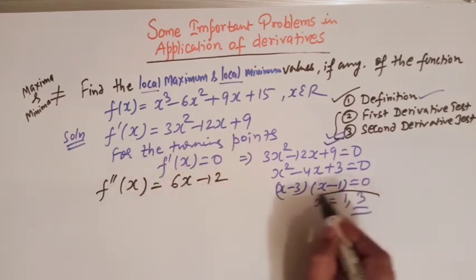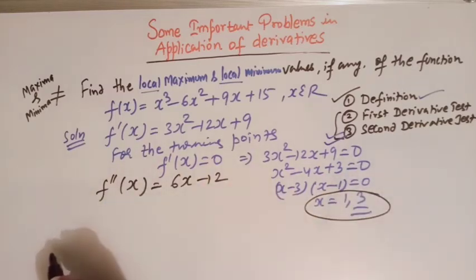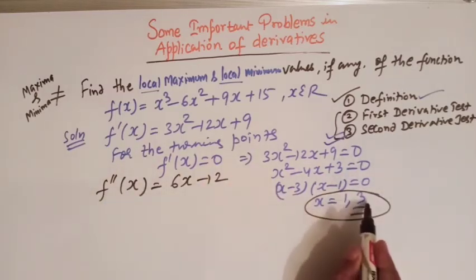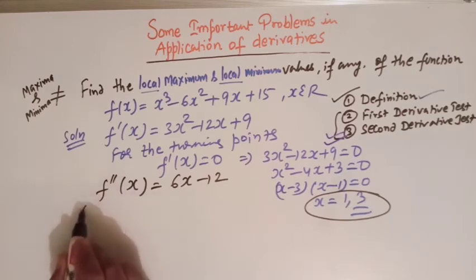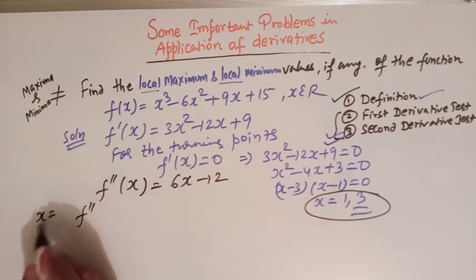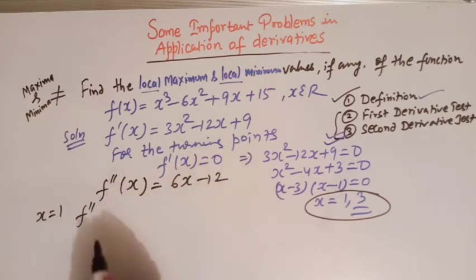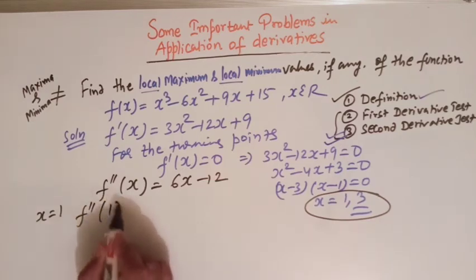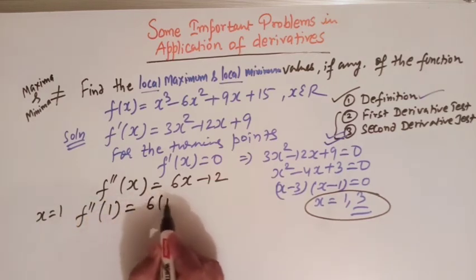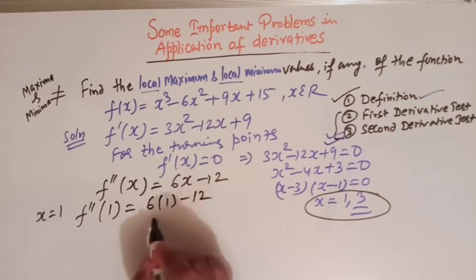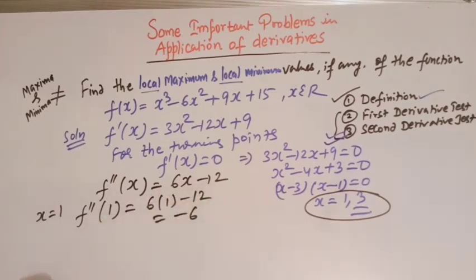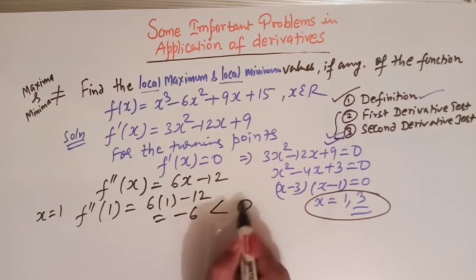Now we have the turning points as x equal to 1 and 3. So let us first take the value of x equal to 1 and substitute it in the second derivative, right? So f double prime of 1 is 6 times 1 minus 12, that is 6 minus 12, which is minus 6, and this is less than 0.